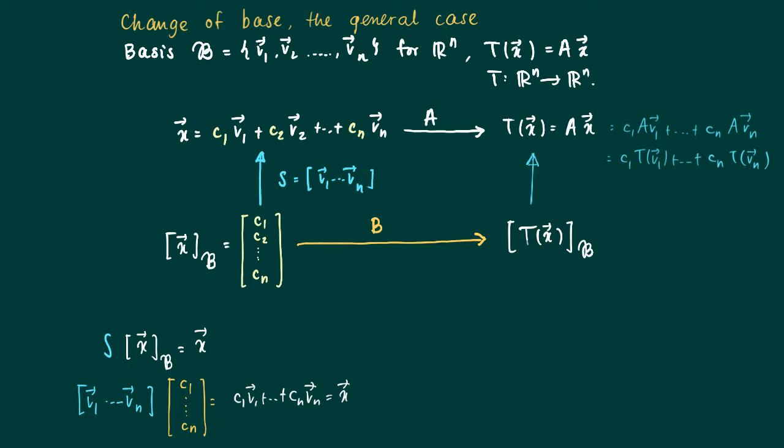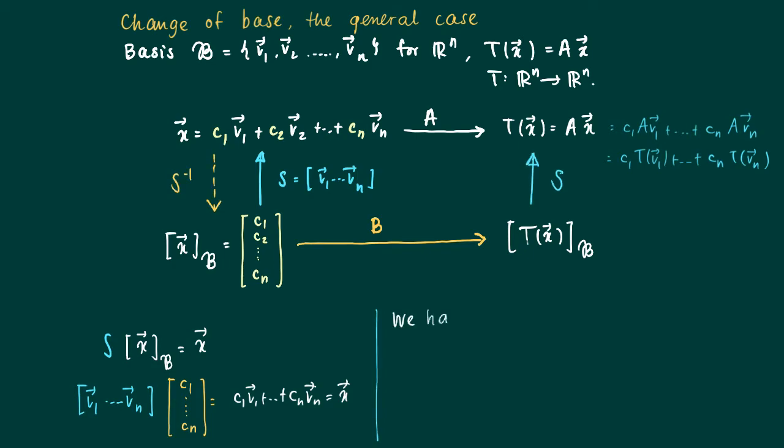We can do the same thing with the coordinates of T(x) with respect to the new basis beta. So if we multiply from the left with S, then we get T of x. And we know the inverse of S exists because we have n independent vectors, so we have an invertible matrix S.